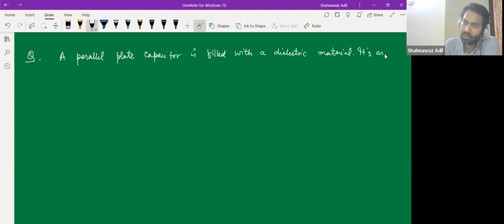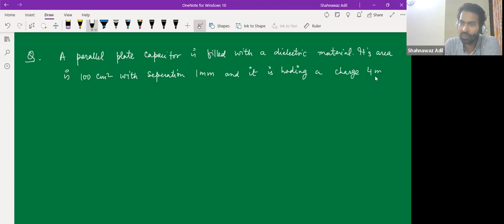Its area is, let's say, 100 centimeters square with separation 1 millimeter, and it is holding a charge of 4 millicoulomb when connected to a 120-volt supply.